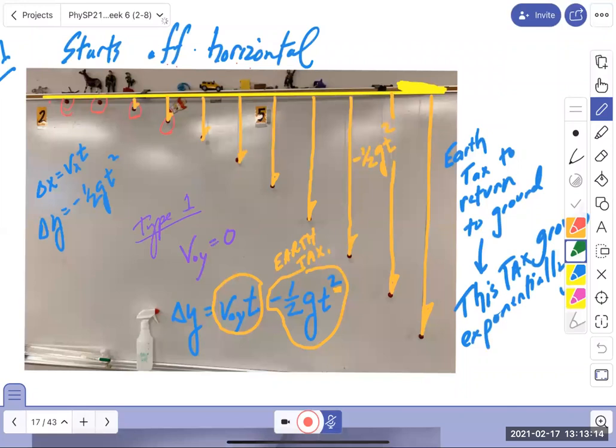So I did this. This is important. We talked about this a little bit yesterday, and then I dressed it up before I put it onto the screenshots. This is part of what's going on here. In the Planet X problem, we're looking at type 1 projectile motion.